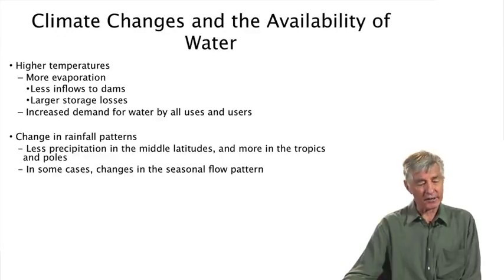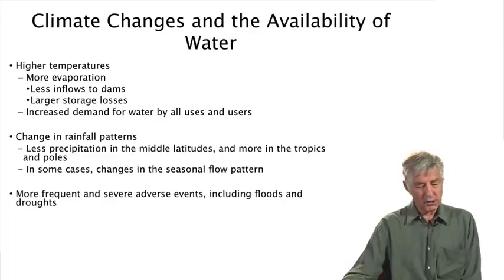So that can affect our story. And again, one of the other attributes of climate change is perhaps we're going to get more adverse events, that is more frequent floods and also more frequent and severe droughts. So all of those are going to affect the availability of water against a rising demand.